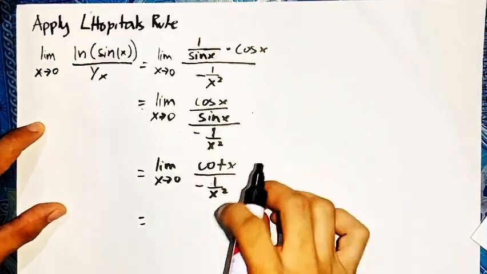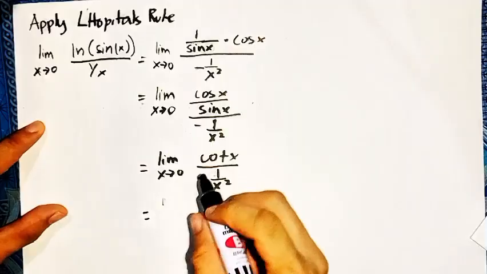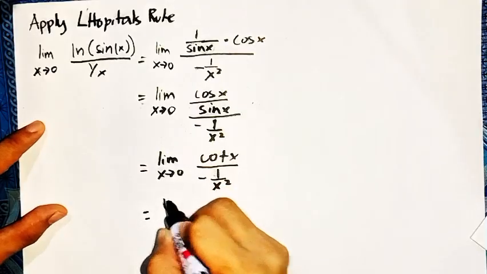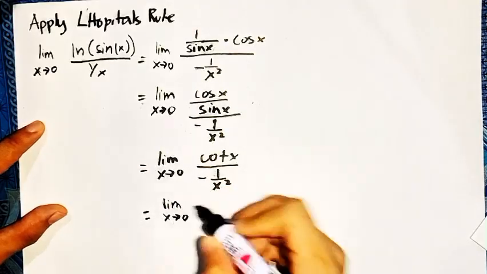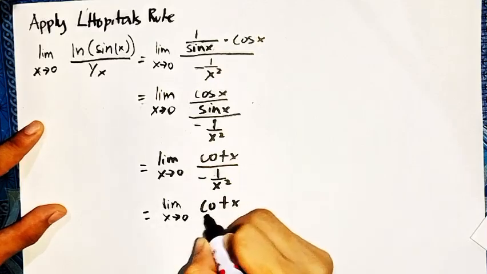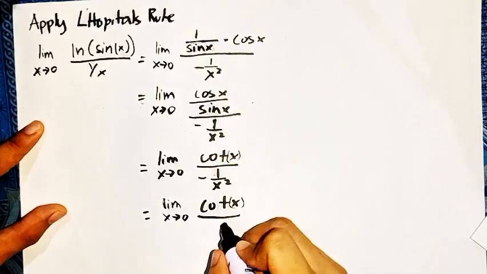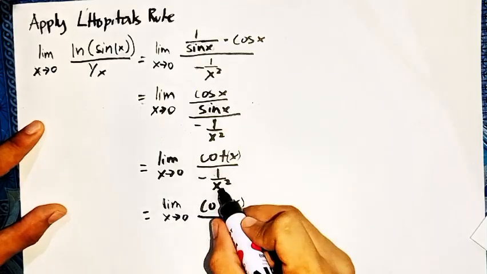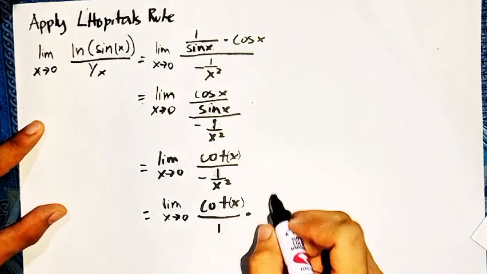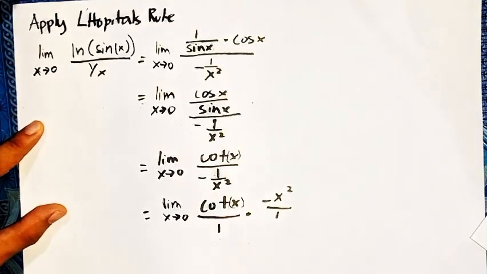Now let's divide the denominator into our numerator. So copy again the limit, x approaches 0. If we're going to divide, let's multiply again by the reciprocal of this denominator, so negative x squared over 1.